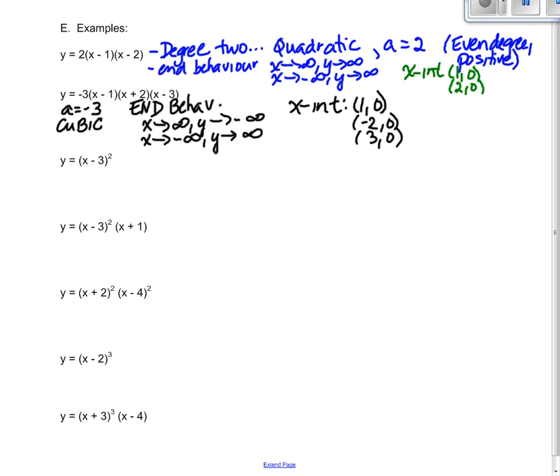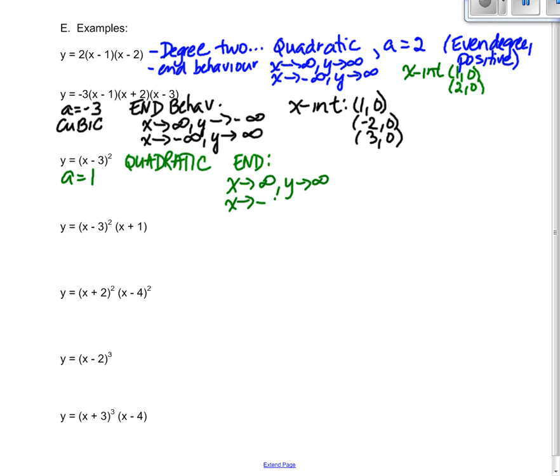The next one, y equals x minus 3 squared. It is a quadratic. There is an invisible leading coefficient of 1, positive. So it is a positive even degree polynomial. So we know the end behavior. As x approaches infinity, this function increases.